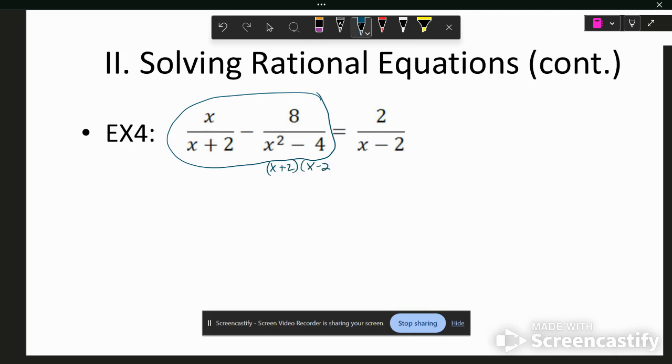That way we're not doubling up on the x plus 2. So really on that left side, the only thing that you're going to have to do is multiply by x minus 2.